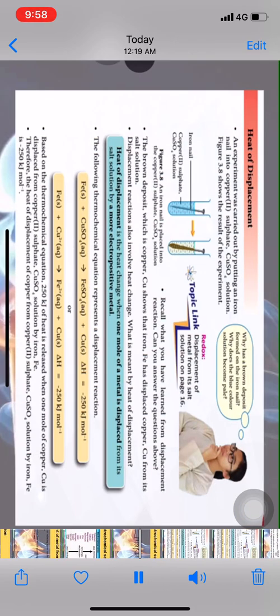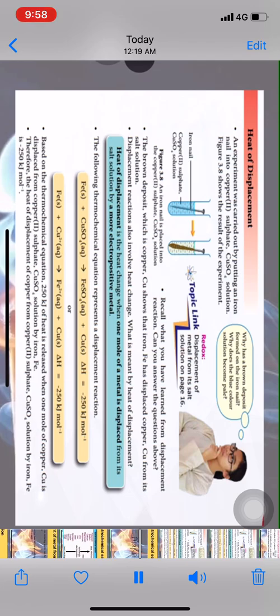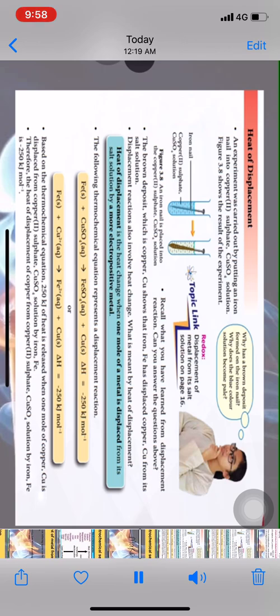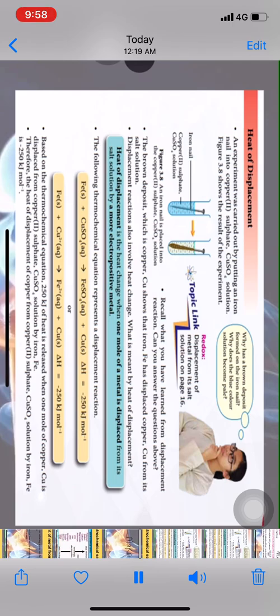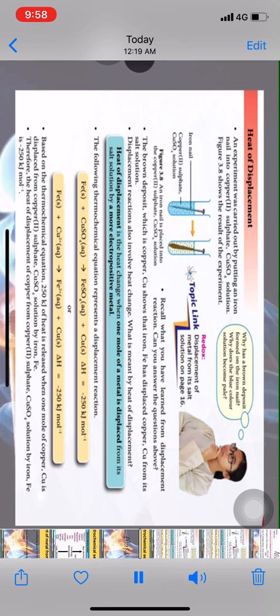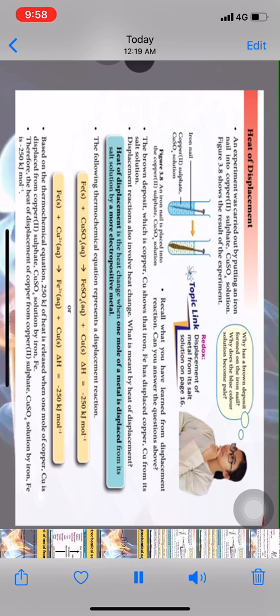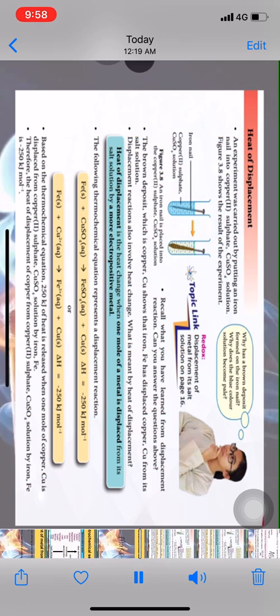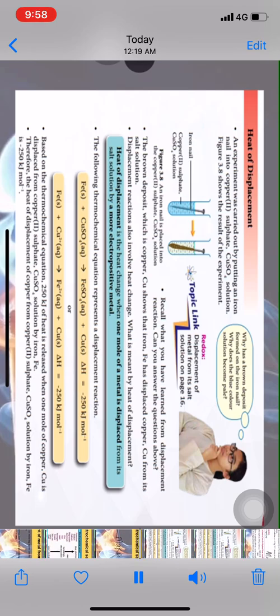So, heat of displacement. An experiment was carried out by putting an iron nail into copper sulfate, CuSO4, solution. Figure 3.8 shows the result of the experiment, redox displacement of metal from its salt solution, like what I've explained before. The copper sulfate solution is the blue one, and in the other test tube the nail becomes brown.